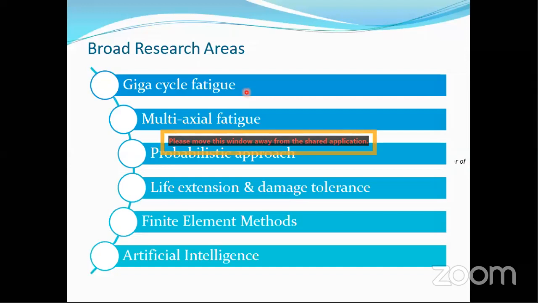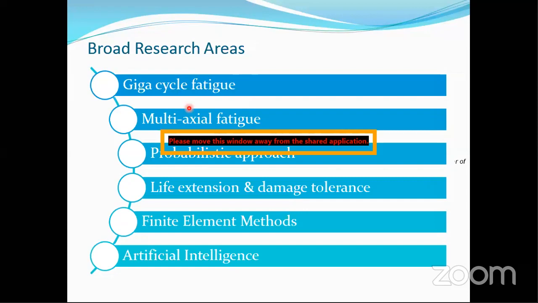That is, if a component doesn't fail below 10 to the power 7 cycles, we tend to say it has infinite life. But it is proven to be false, because even at 10 to the power 9 cycles components are failing. That is, at 10 to the power 7 cycles a crack is initiated, and at 10 to the power 9 cycles they are failing. So that is also being studied, and why it is happening.